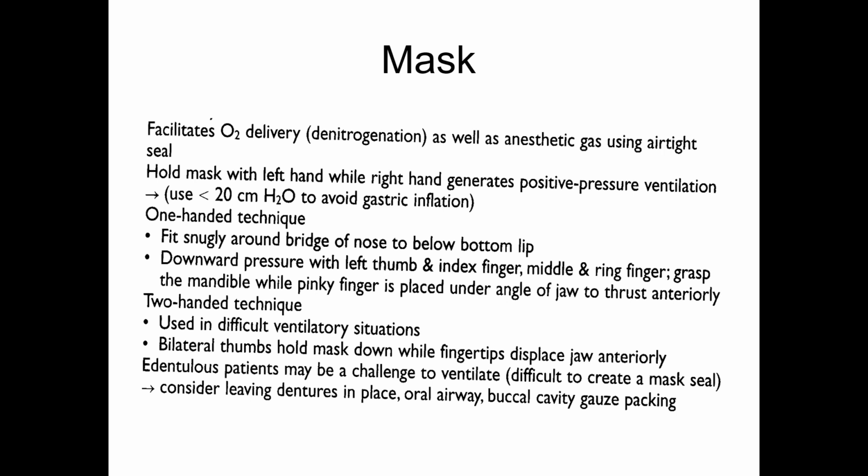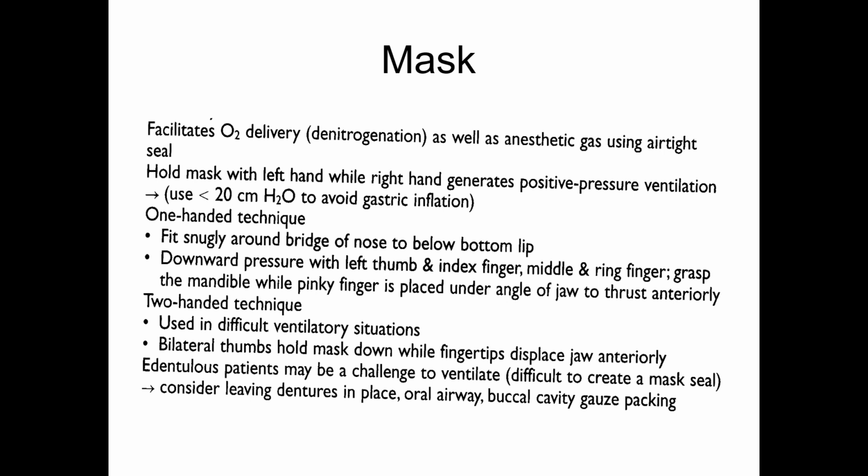There are two techniques for using this mask. One-hand or two-hand technique. In the one-hand technique, with one hand we hold the mask and fix it on the patient's face. With the other hand we can do the ventilation. How do we do that?